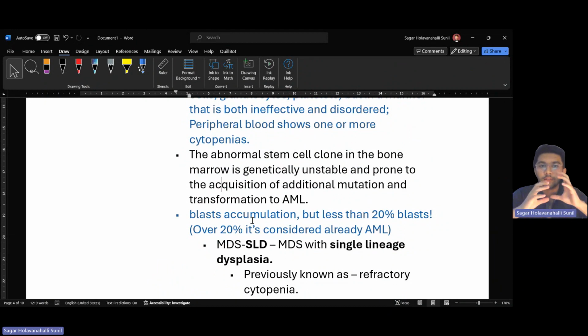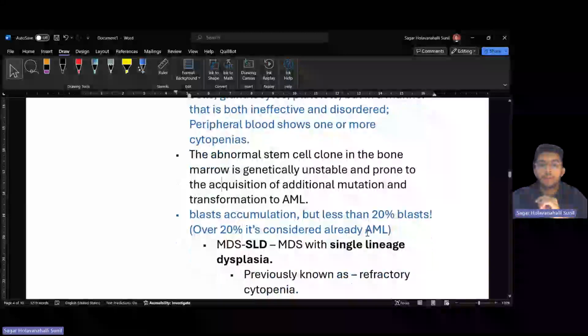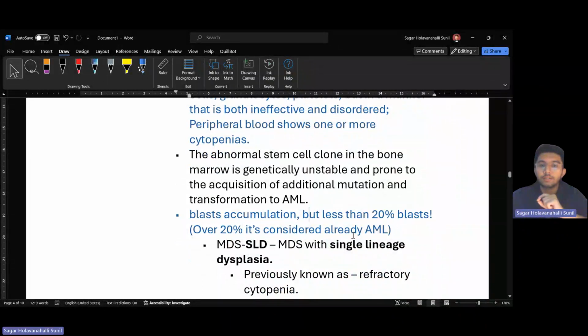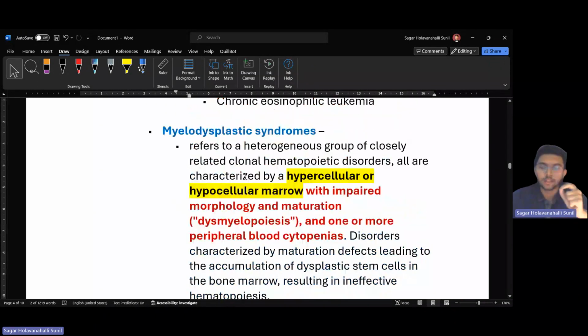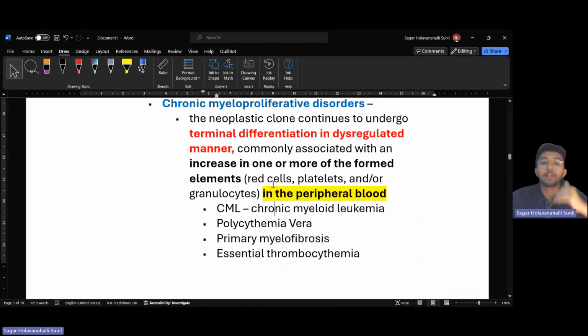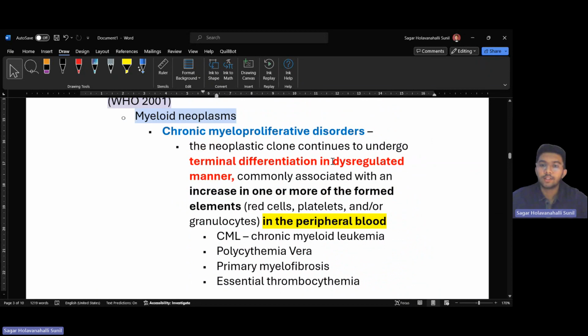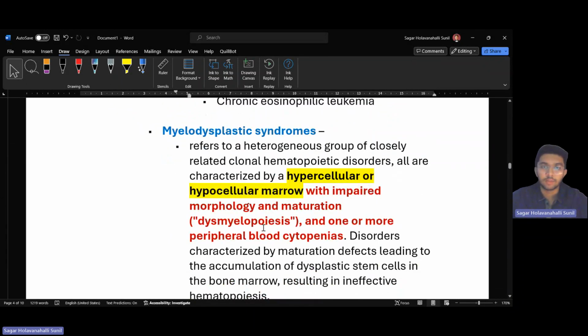So there'll be an increase in these undifferentiated cells, and when it goes more than 20%, it's called AML, acute myeloid leukemia. This is very commonly found in chronic myeloid leukemia, where there can be a sudden increase in the turnover of these dysregulated cells, and as a result, the blasts, which are still primitive, will be more than 20% in the blood.